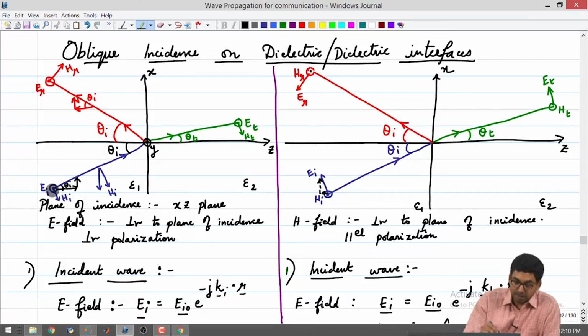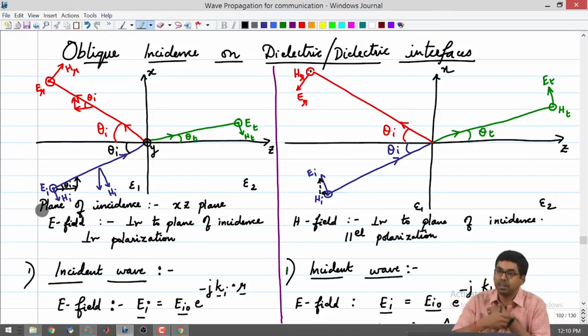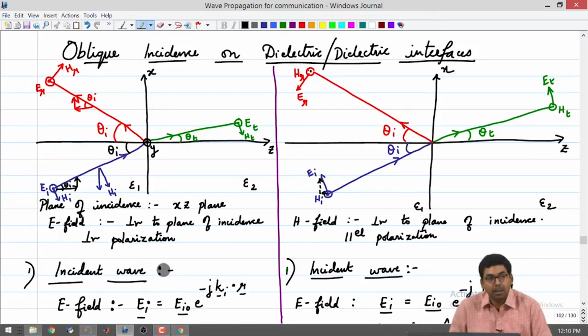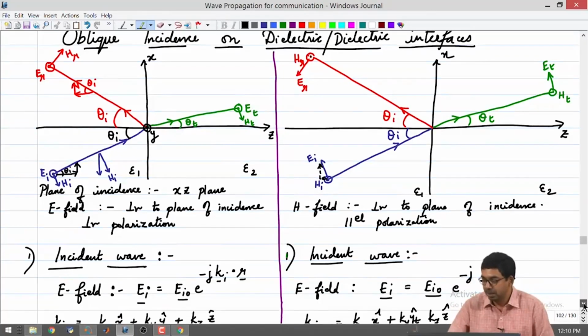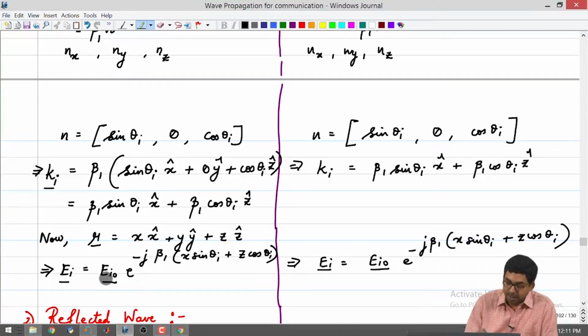Whatever I had derived for the incident electric field is going to be the same expression, because my coordinate system is the same, direction of travel is the same, all the variable names are the same, which means I just need E_I0 e^(-jk·r), and I would have got an expression that looks like E_I0 e^(-jβ1(x sin θ_I + z cos θ_I)). All I need to do is take the same thing and plug it in, because the expression for the incident field is going to be the same.